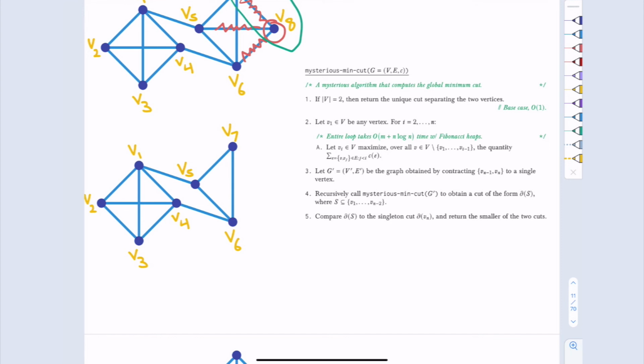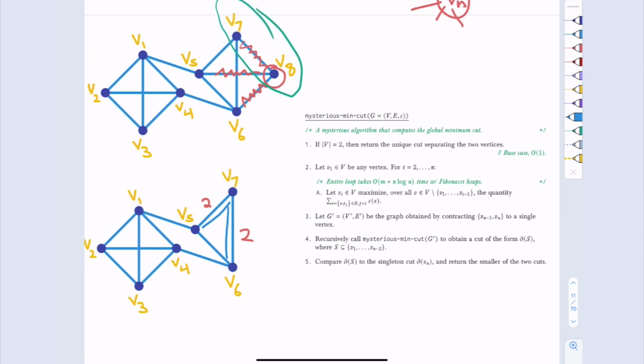Except with the contraction, there are now 2 edges like this. So I squeeze V7 and V8 together, and now we have 2 copies of edges going to that combined vertex.